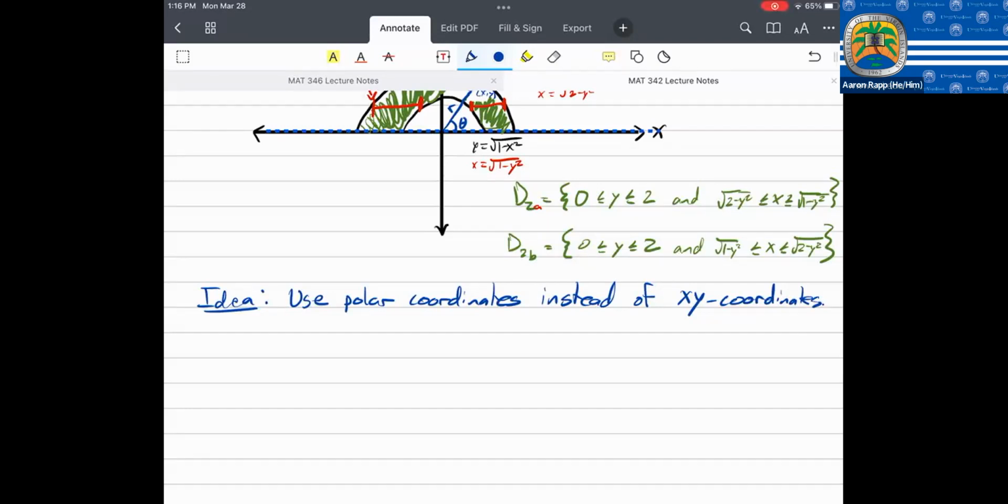And it turns out you can integrate with respect to polar coordinates as well, with respect to r, with respect to theta, because they're still just two independent variables, just like your x and y are independent variables.